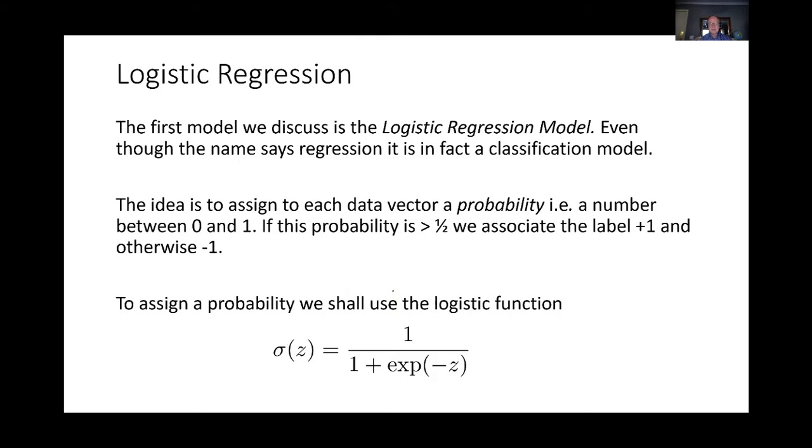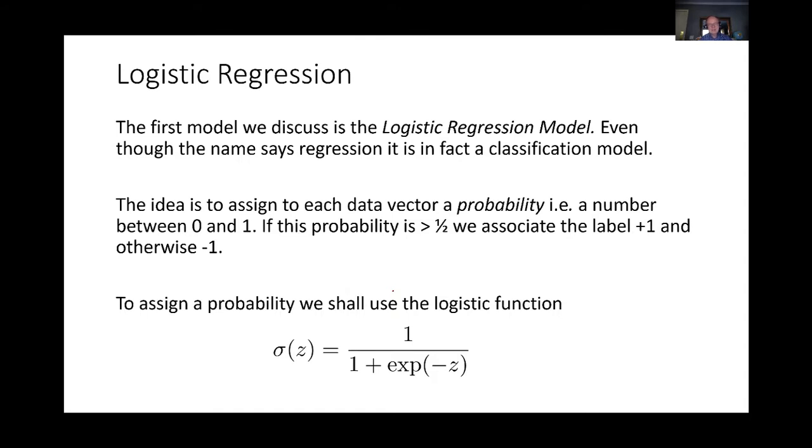If we squish things into the interval between 0 and 1, we'll call such a point a probability, because that's where probabilities live, between 0 and 1.